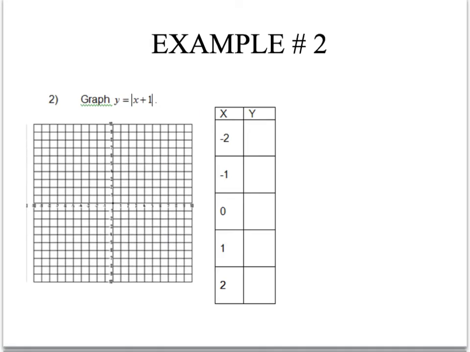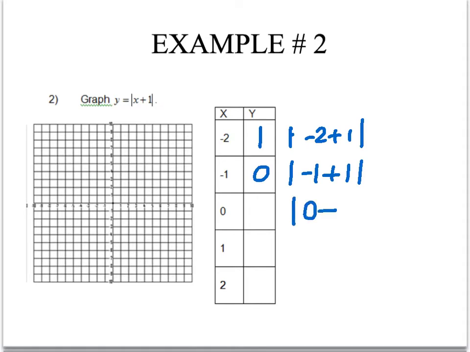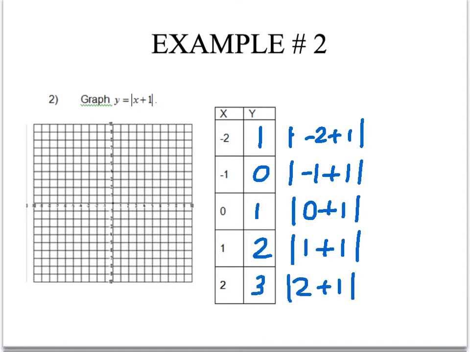Example number 2 says y equals the absolute value of the expression x plus 1. So -2 plus 1 is -1, and the absolute value of -1 is 1. -1 plus 1 is 0. The absolute value of 0 is 0. 0 plus 1 is 1. The absolute value of 1 is 1. 1 plus 1 is 2. The absolute value is 2. And 2 plus 1 is 3, and the absolute value is 3.